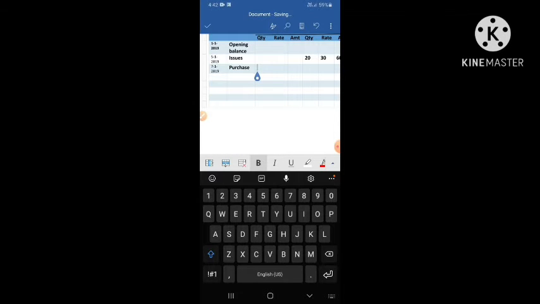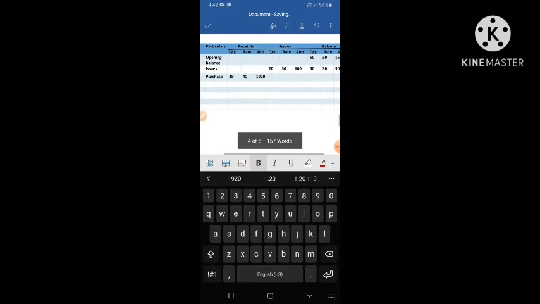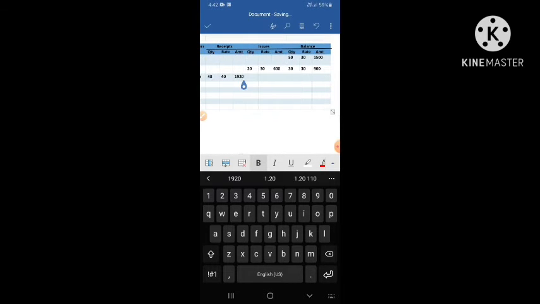The purchase should be shown in the receipt column. 48 at 40 per unit is equal to 1920. After entering in the receipt column, we should show it directly in the balance column.